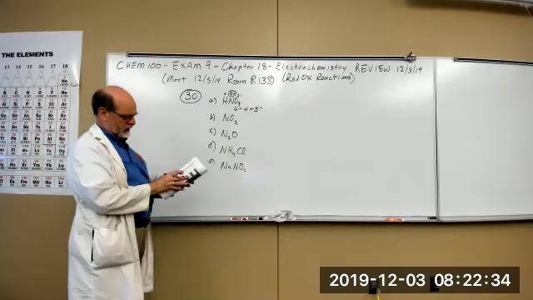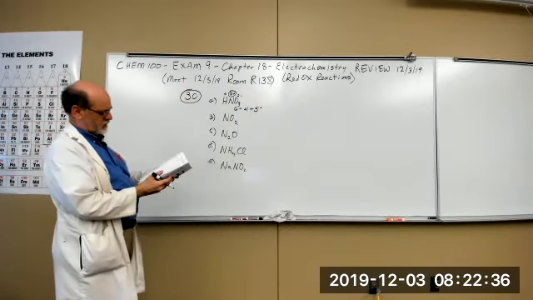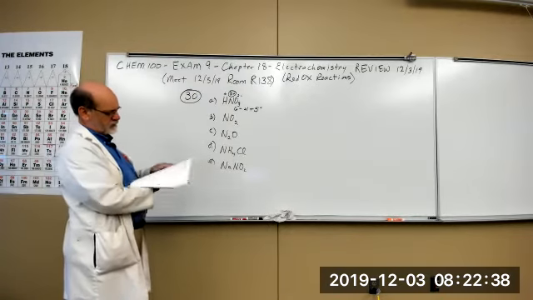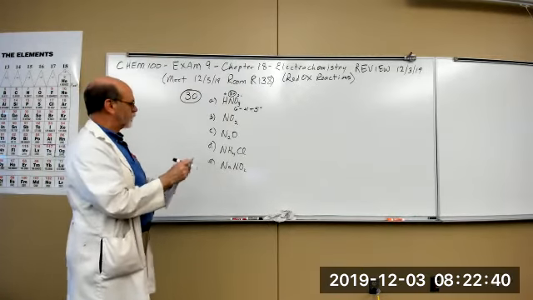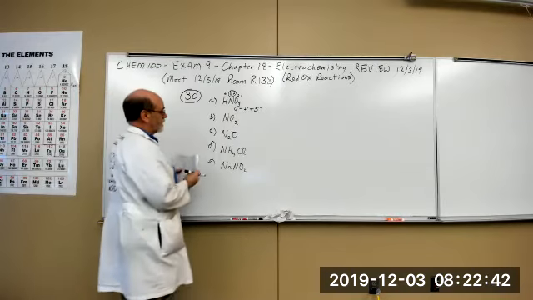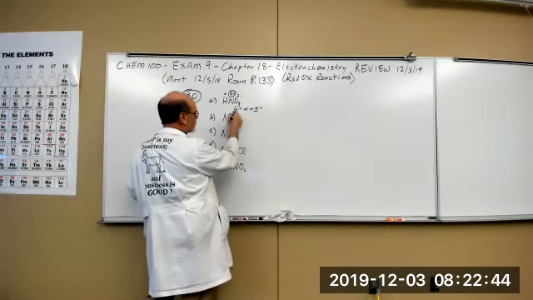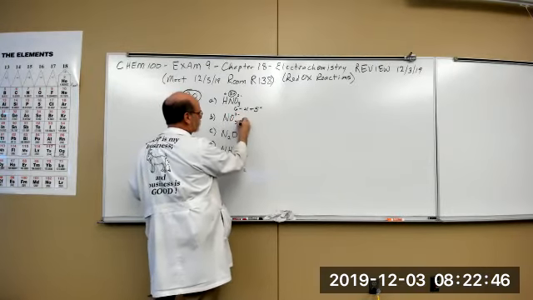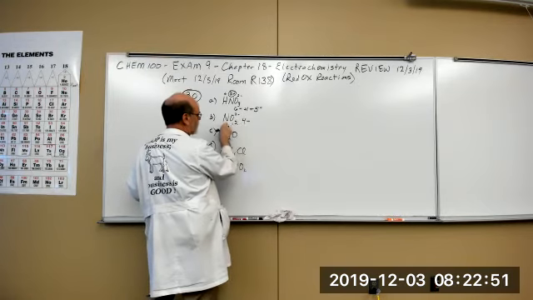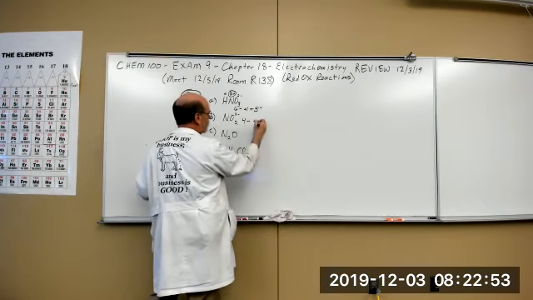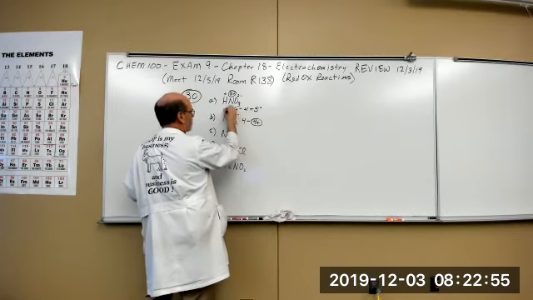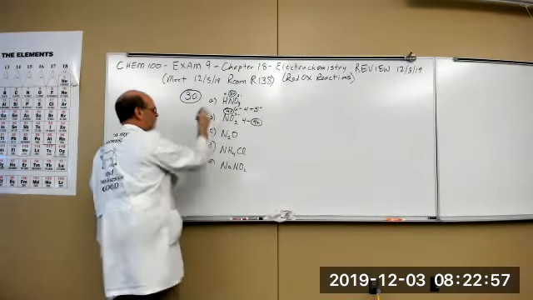So let me go back to 30. Here we go. That's not it. We're looking for +4. So for this one, oxygen is 2- again. That gives us a 4-. So this nitrogen has to be a 4+. There's your answer.